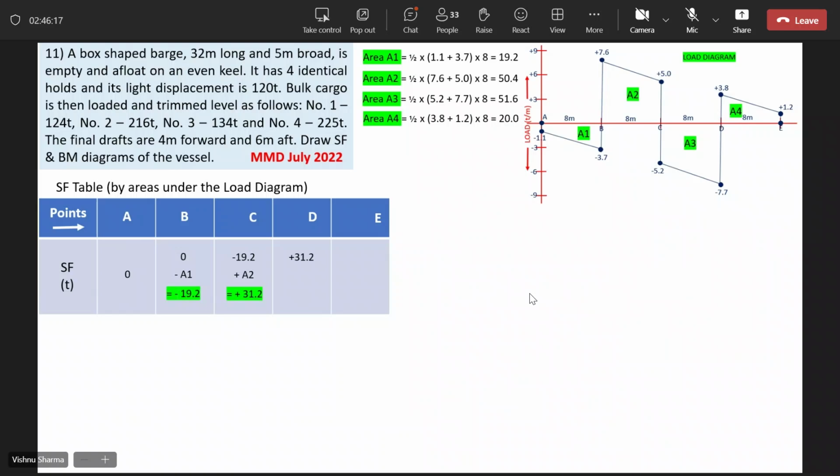I carry forward plus 31.2 minus A3, which is 51.6, is minus 20.4. I carry forward minus 20.4 plus A4, and it comes to a residual of minus 0.4, which is only a spillover effect. And what have I done? I have taken that equal to 0. Understood, class? Yes, sir. Anybody has any questions up to the SF table?